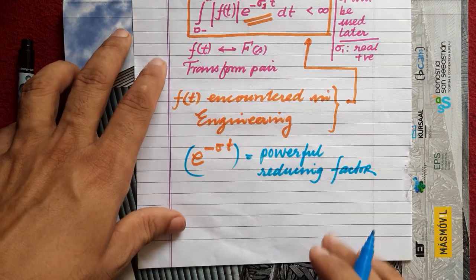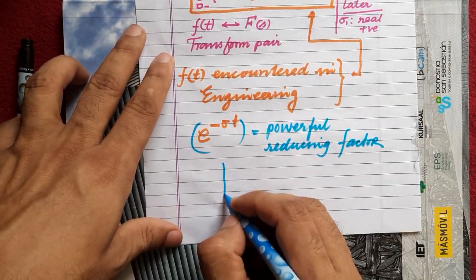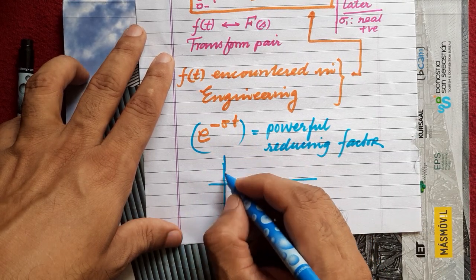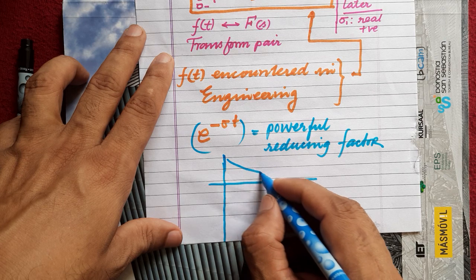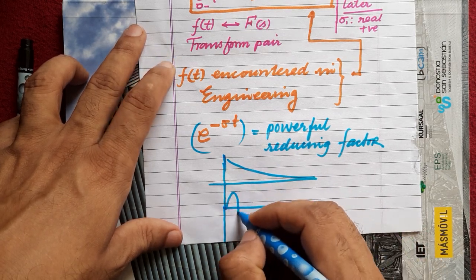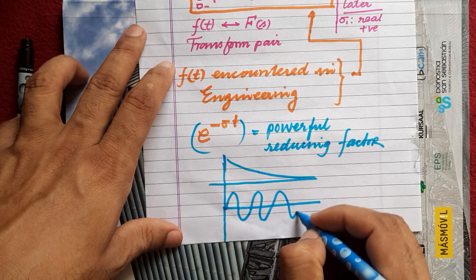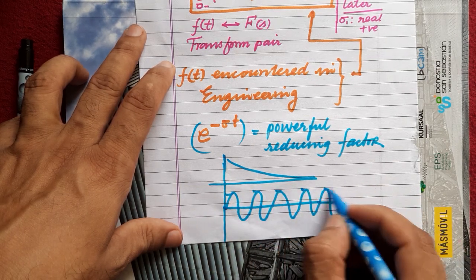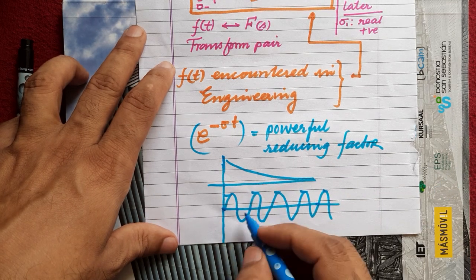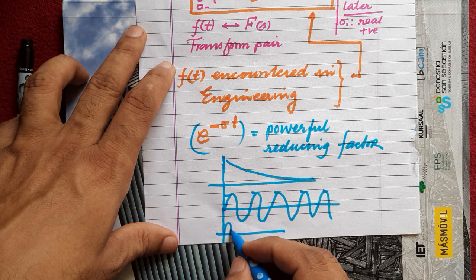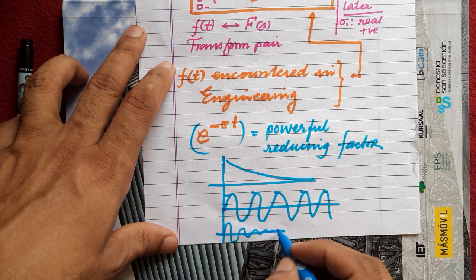As we have seen earlier, e to the power minus sigma t, if you plot it, is going to be like this. Now if any function, suppose even sinusoidal, whose maximum amplitude is fixed, is not decaying, when it is multiplied with this, it gives a reducing sinusoidal.